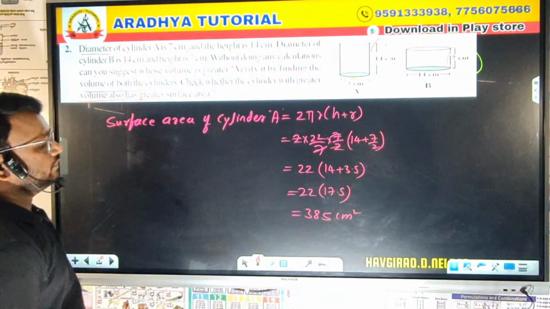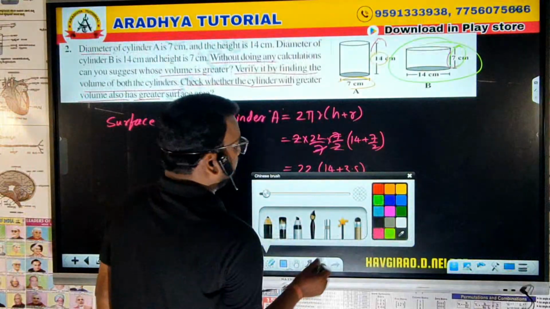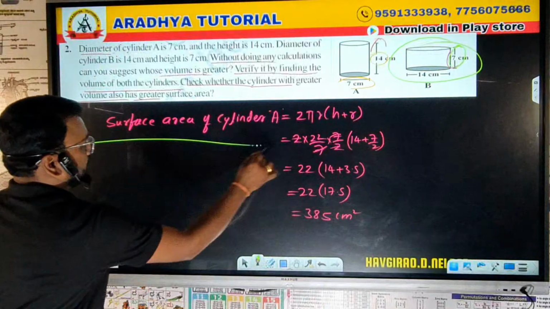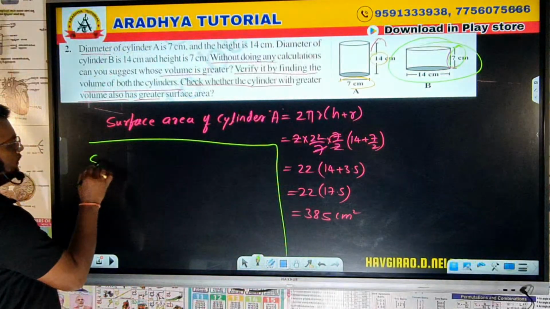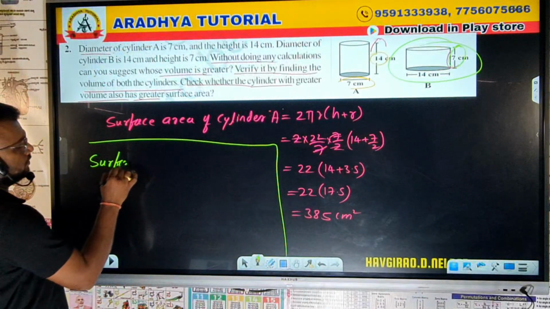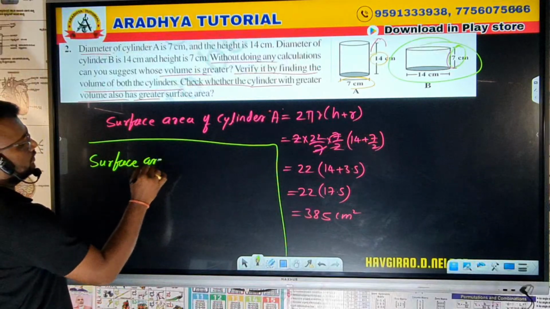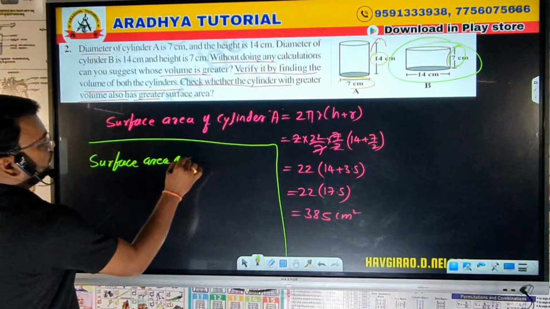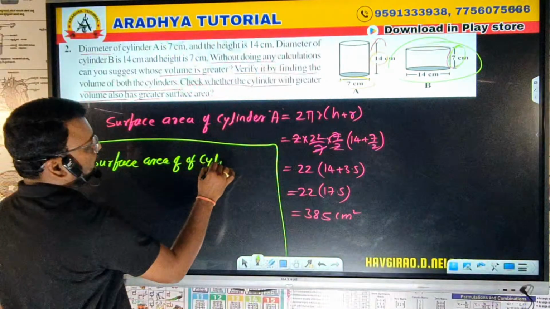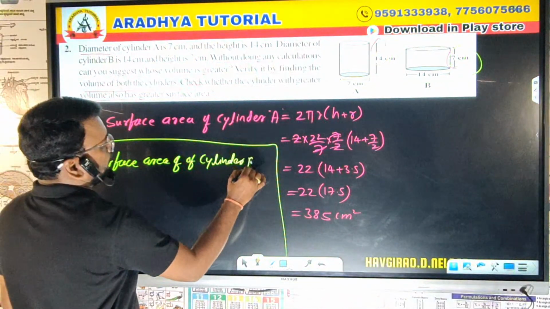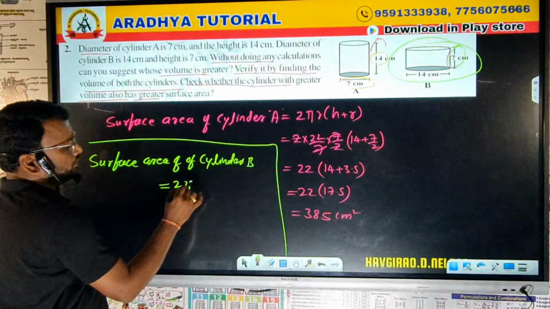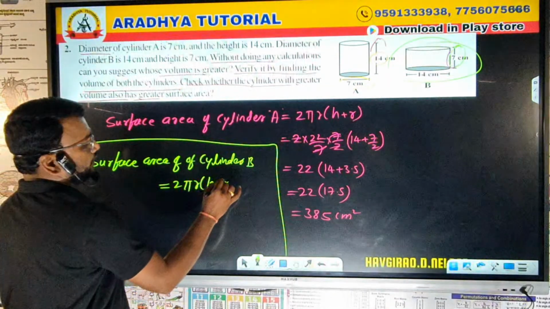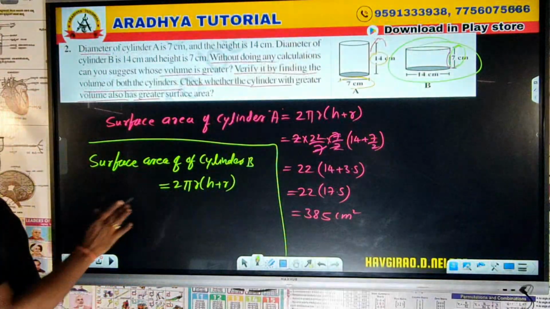Afterwards, the second one, surface area of cylinder B. Formula 2 pi r into (h plus r), the total surface area of the cylinder formula.